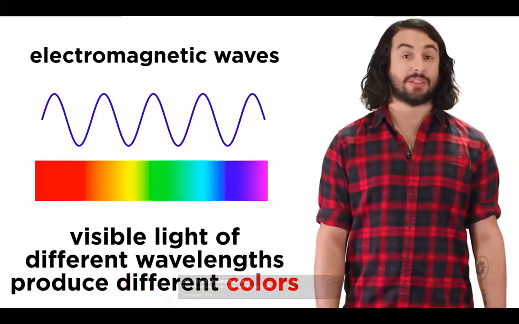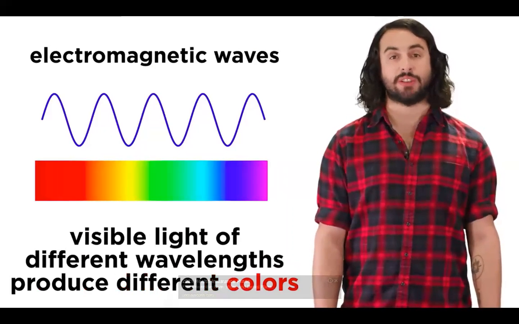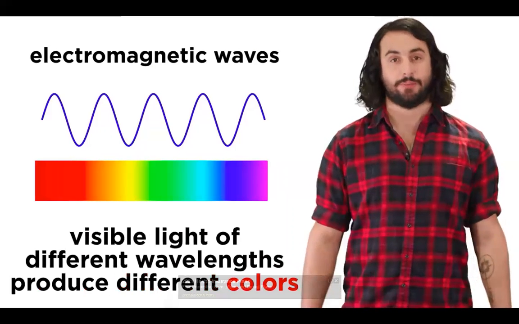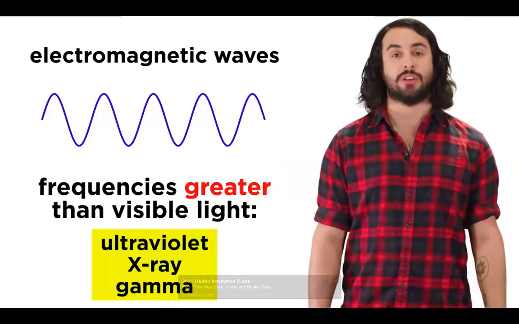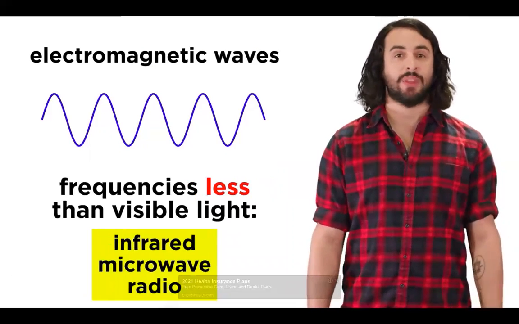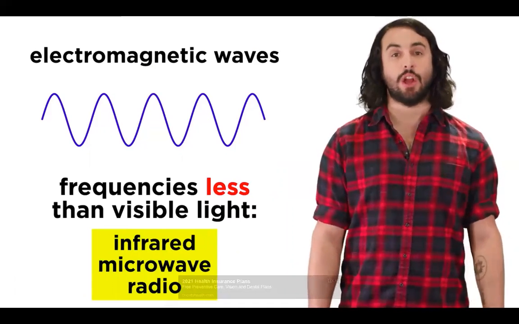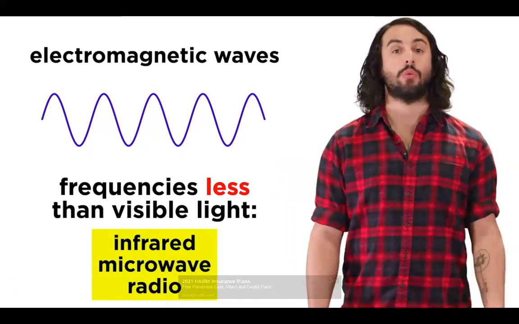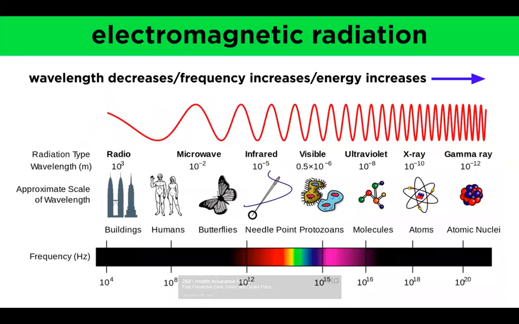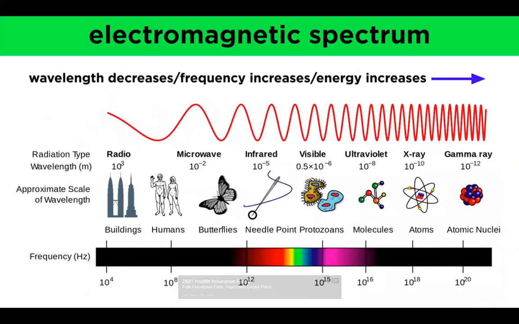If the light is visible, these frequencies will correspond to different colors. Frequencies greater than this will exist as UV radiation, X-rays, or gamma rays, and frequencies less than this qualify as infrared radiation, microwaves, or radio waves. All of these phenomena are collectively referred to as electromagnetic radiation, and they can be found on the electromagnetic spectrum.